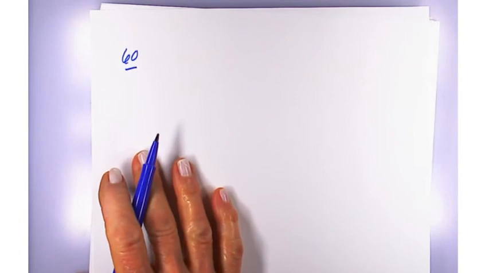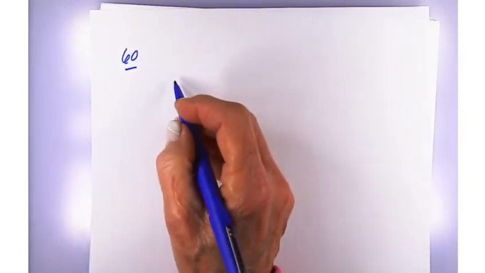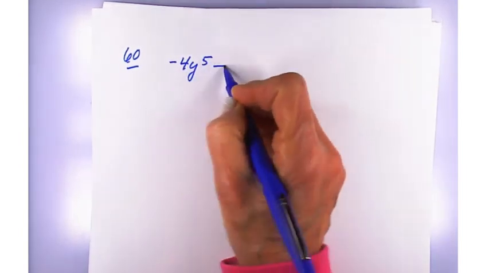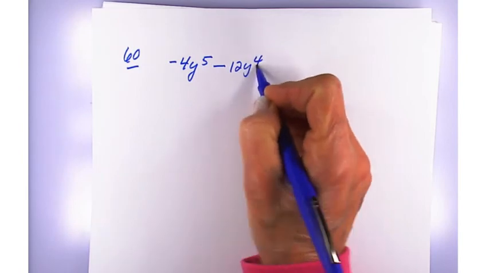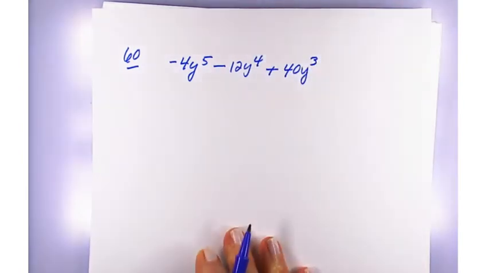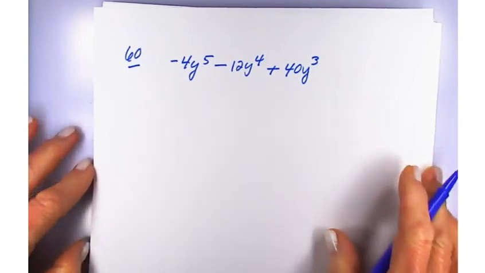So looking at number 60 is minus 4y to the 5 minus 12y to the 4 plus 40y cubed. Okay? So we can't handle y to the 5th. We can't handle a negative 4 lead coefficient.